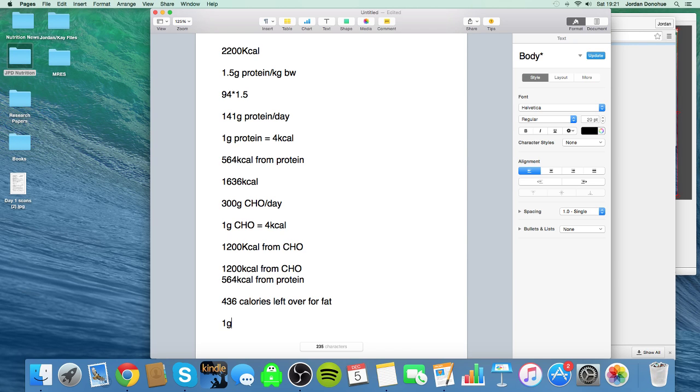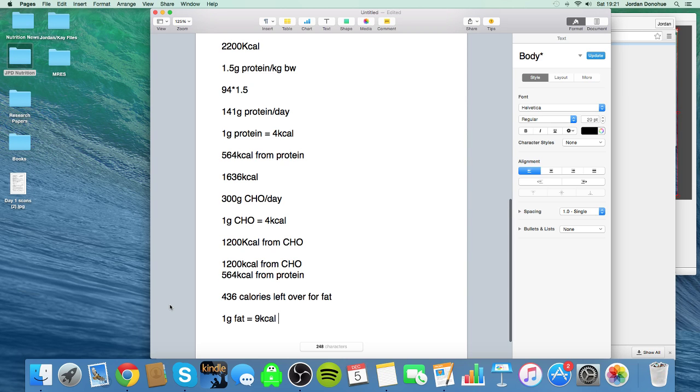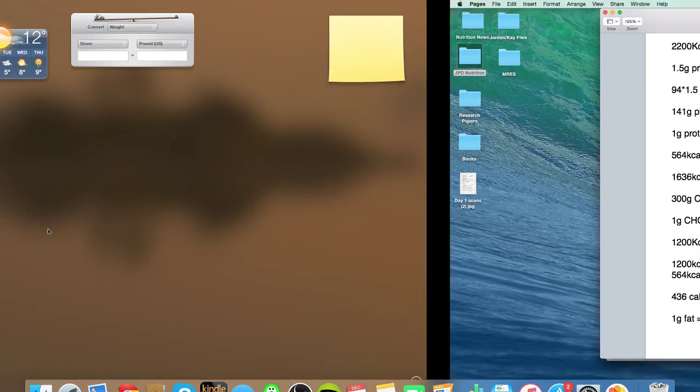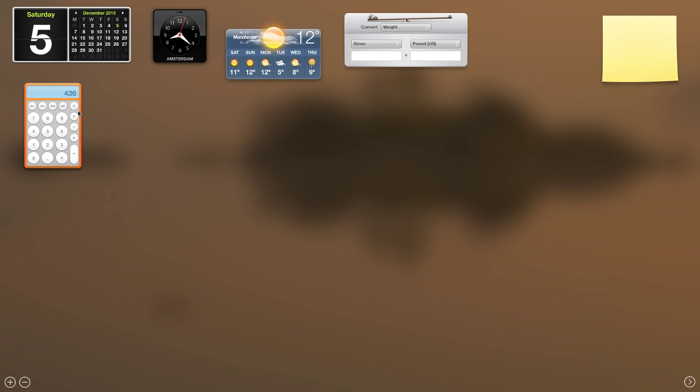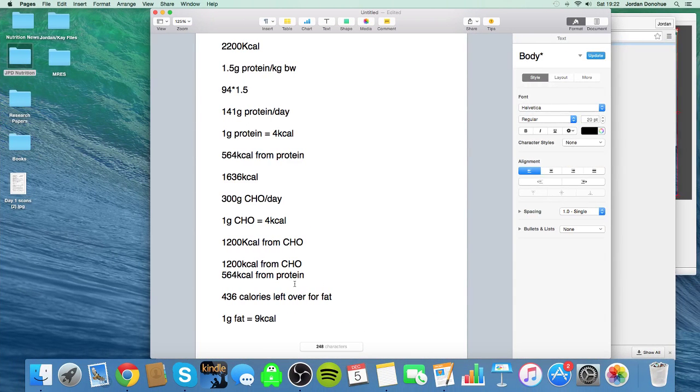So 1 gram of fat equals 9 calories. So we do 436 divided by 9 to find out how many grams of fat we need in a day. So 436 divided by 9 gives us 48 grams of fat.